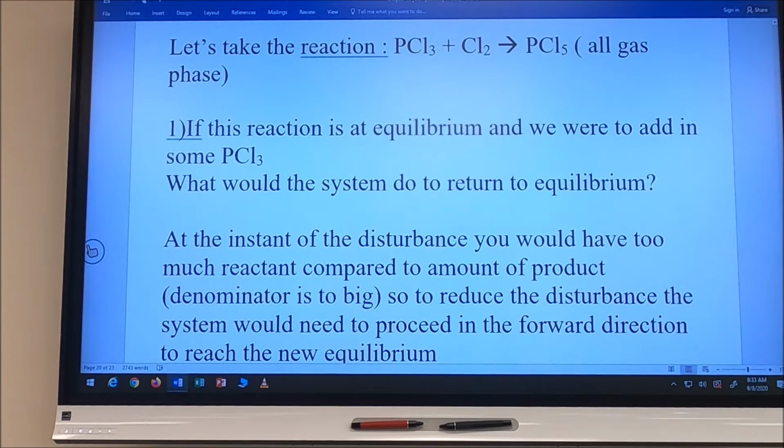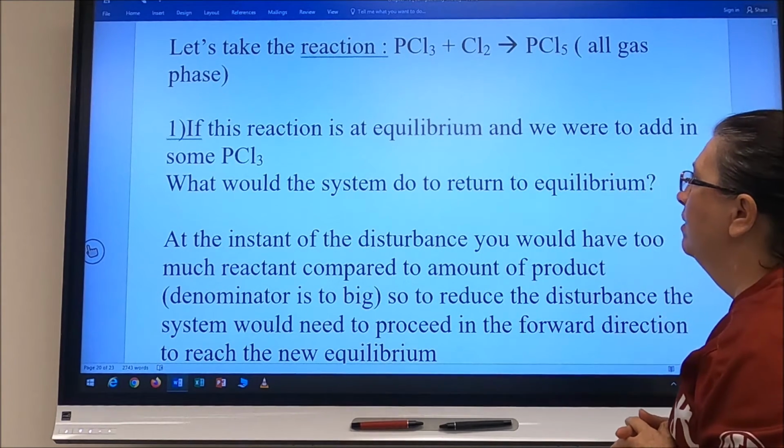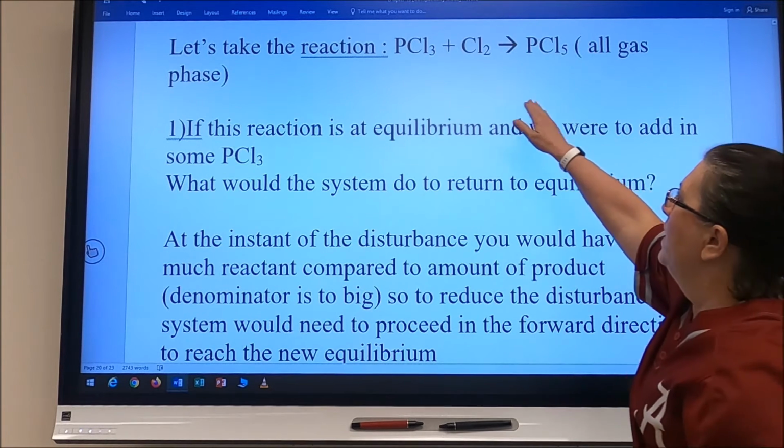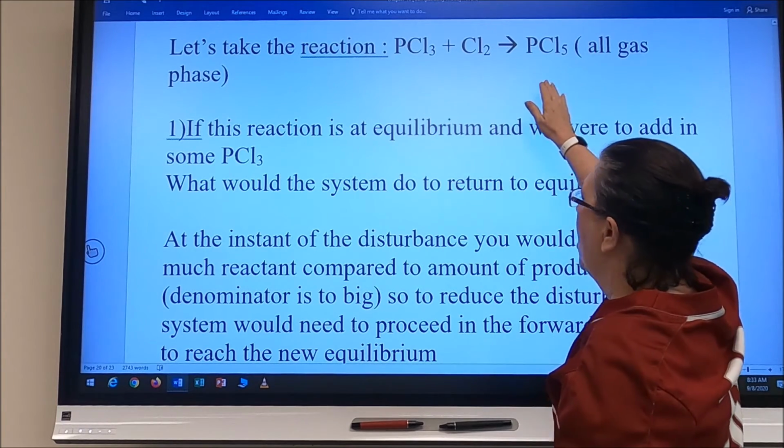Here we have the reaction phosphorus trichloride plus chlorine going to phosphorus pentachloride, everything in the gas phase. If this system is at equilibrium and we were to add in PCl3, the phosphorus trichloride, we now have too much reactant compared to product.